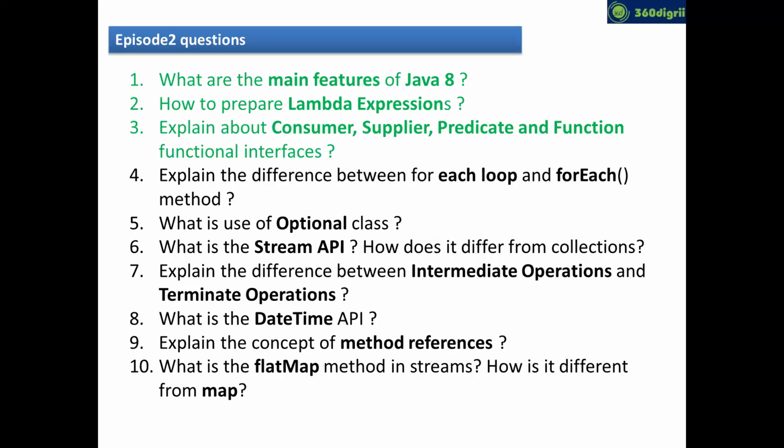The first one was the difference between for loop and the forEach method, then Optional class methods for null check, Stream API intermediate and terminal operations, and before Stream API I showed you with collections the complexity of doing the operations. Then the DateTime API, method references with double colon, and the last question, map and flat map.